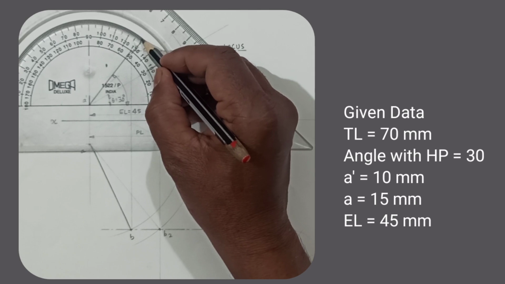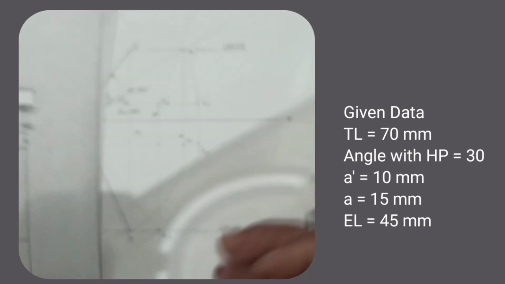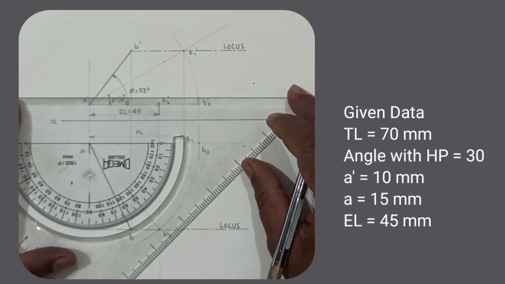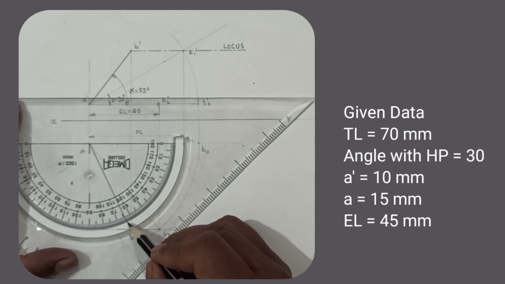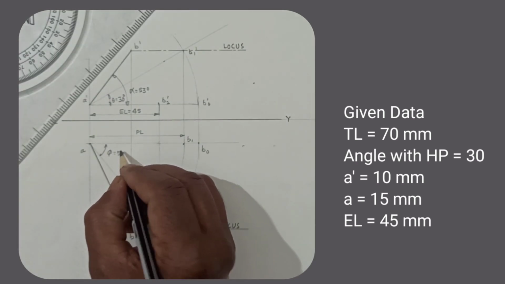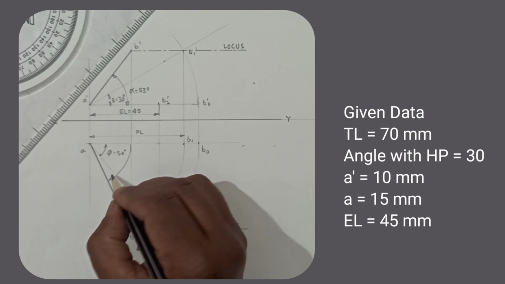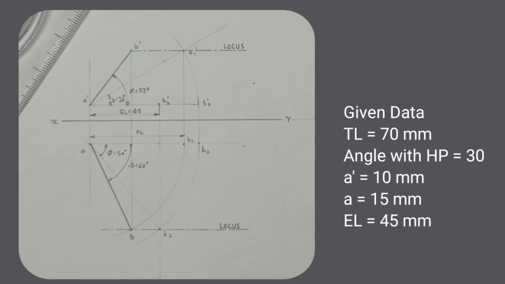Measure these corresponding angles and show them in the drawing. In the top view, measure the inclination angle, the true angle, that is phi, and the apparent angle beta. Measure these angles and show them in the drawing.